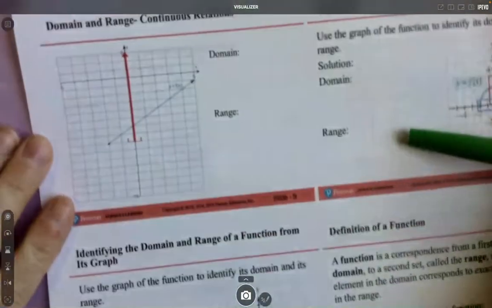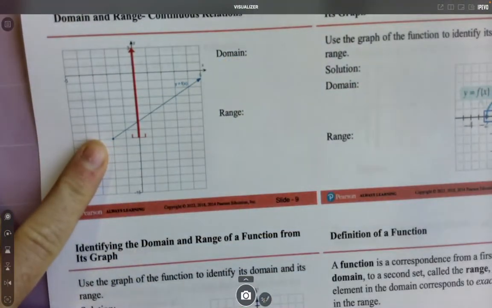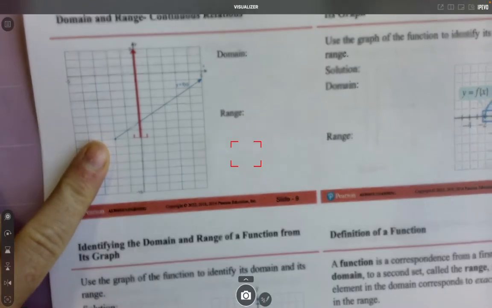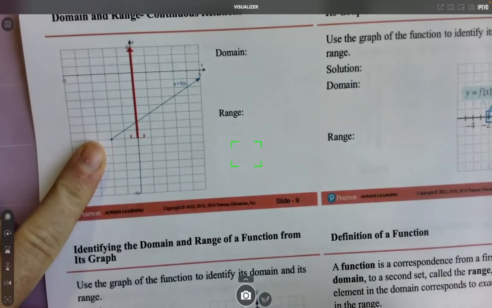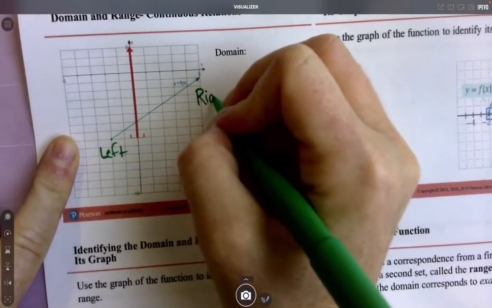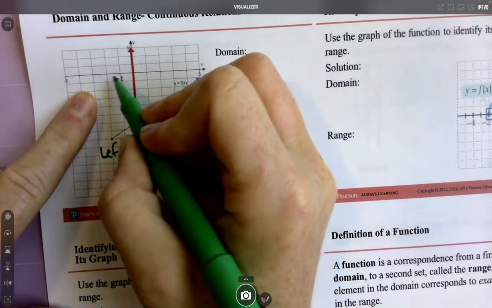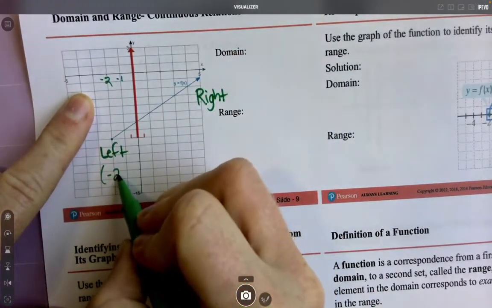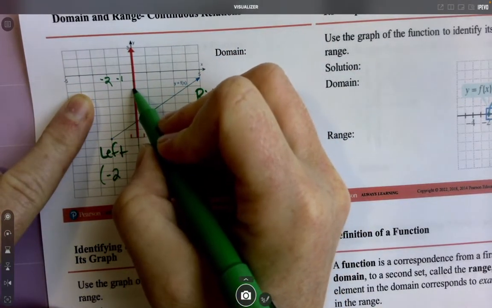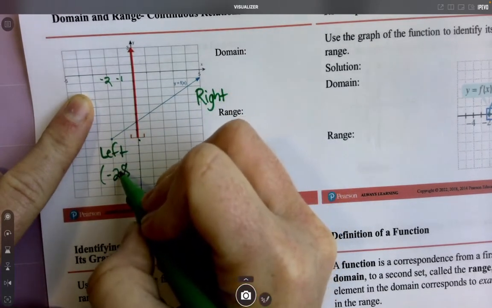This is a linear function. So here is our function, the blue line. So this one's going from left to right for the domain. So left would be -2.